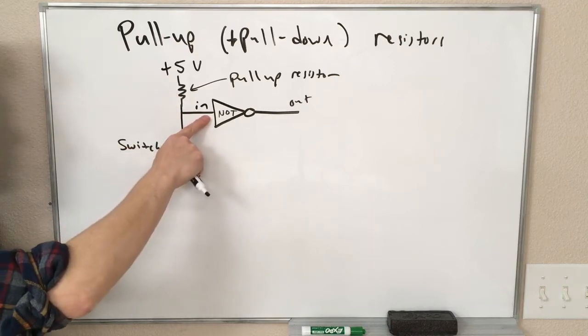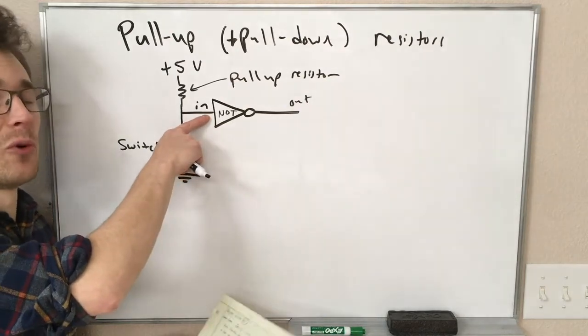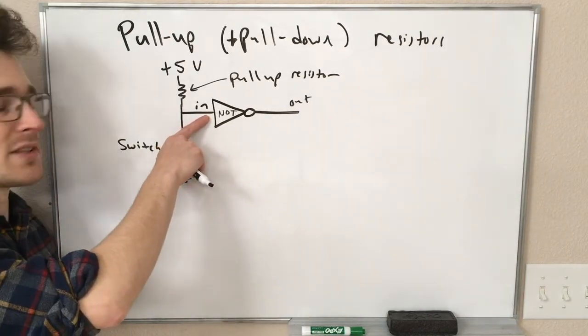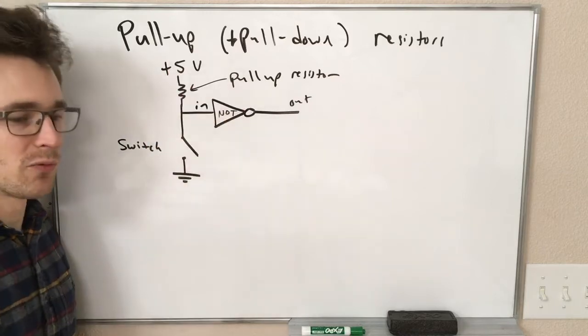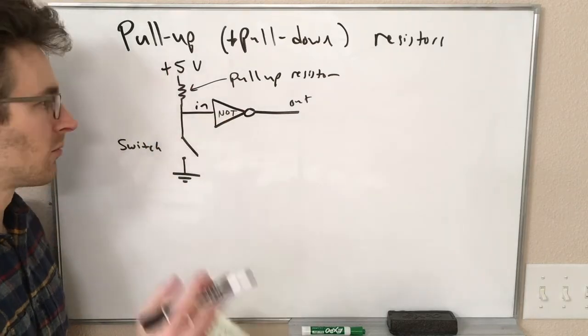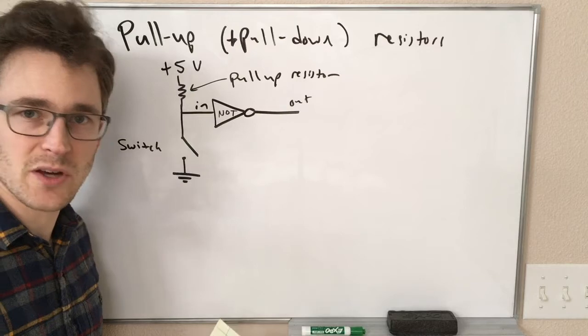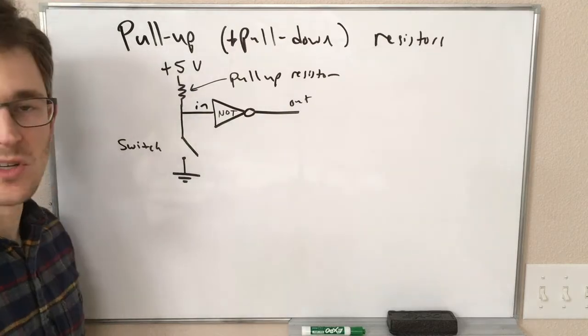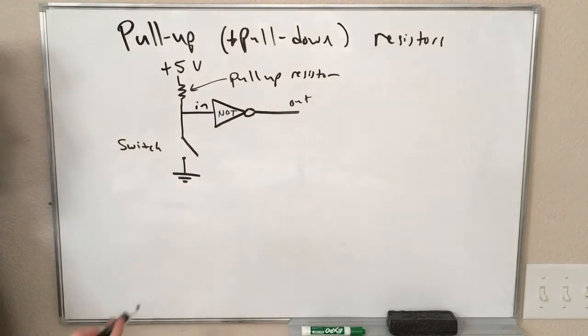So here, this is going to be close to 5 volts, maybe 4.9 volts, maybe 4.8 volts. It doesn't matter because for these sorts of circuits, anything above 3 volts, or look at your spec sheet, is perfectly fine for telling the logic gate that it's an on signal.